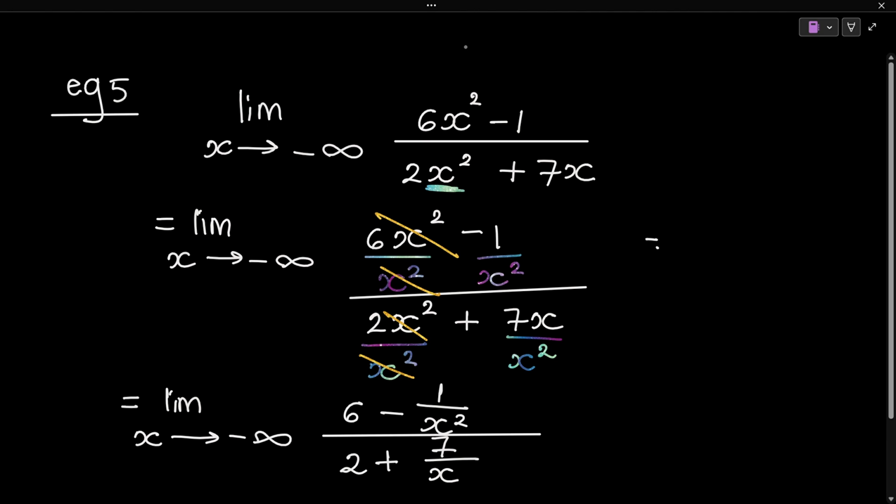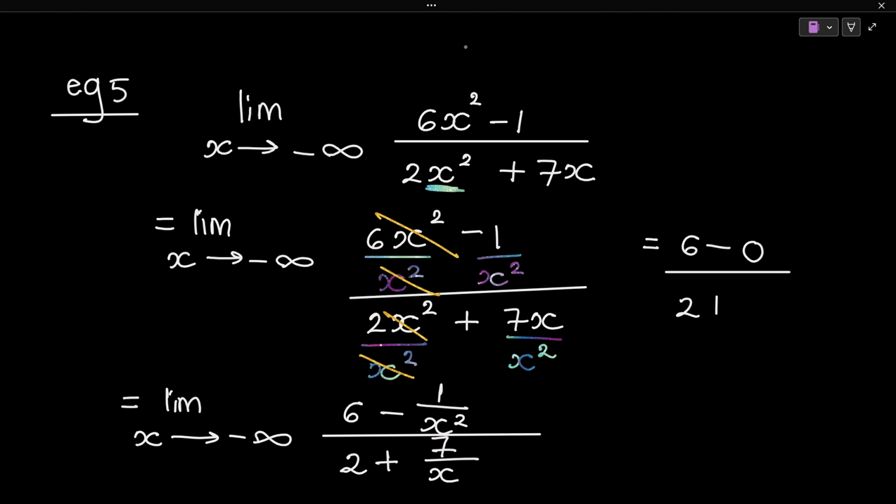Now the next step is for us to make use of the limit. So we have 6 minus, when you substitute negative infinity, we're going to have 1 over negative infinity squared. And remember, the rule states that the limit as x approaches positive or negative infinity of 1 over x is equal to 0. So we know that is going to be 0.